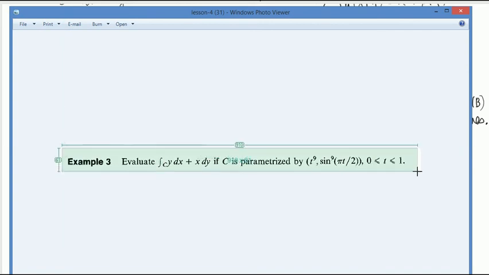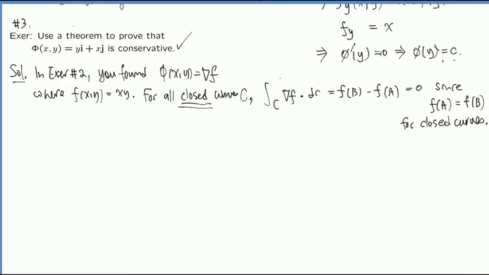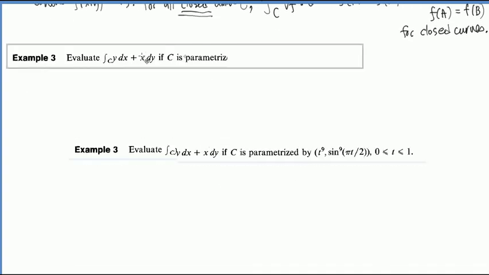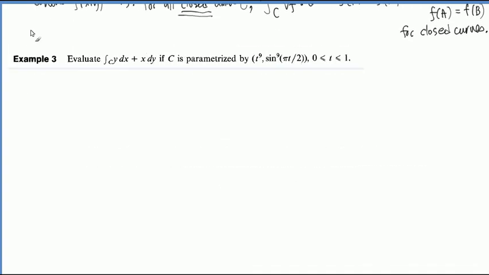Let's think about this problem. That's exercise number 4. Evaluate this integral. Inside, it looks like a differential form, but at the beginning of today's class we interpreted this as an integral of what?